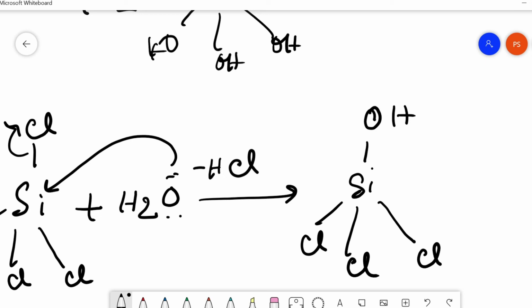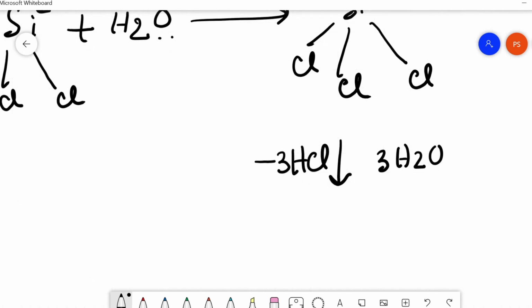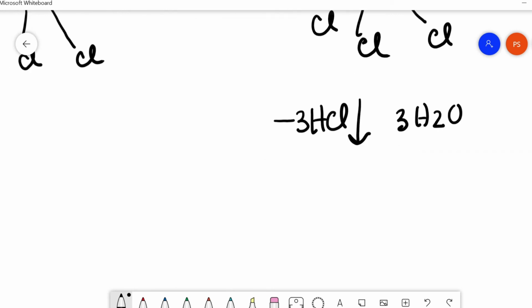Now this step is repeated 3 more times, where 3 water molecules react, and as a result 3 HCl molecules are removed from the reaction medium, forming this compound after hydrolysis.